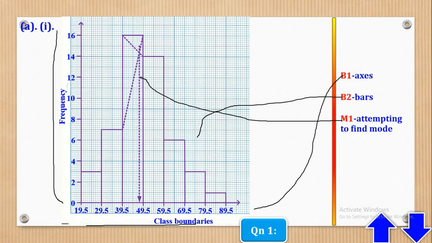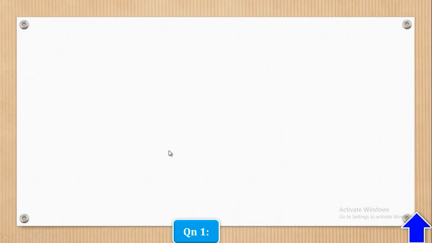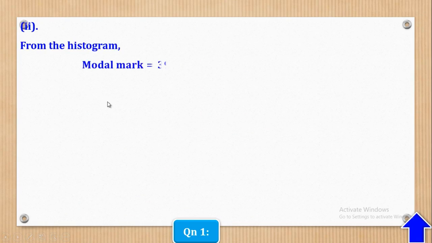So when these dotted lines are seen, that will be M1. So now the next is to read this value, and that will be our modal mark. So we shall come here and now conclude that from the histogram our modal mark will be 47.4.